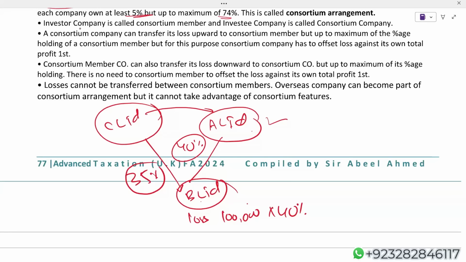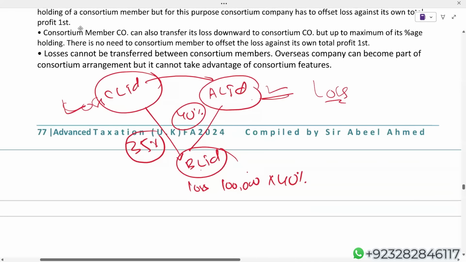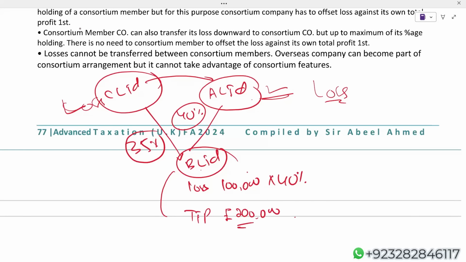Now there's a possibility that A has a loss, C has a loss, and the consortium company has a profit. Assuming the consortium company has taxable total profit, I'm just assuming 2 lakh. Now how much can A transfer as loss to B? If I take 40% of this, which is 80,000. So A can transfer a maximum loss to B of 80,000.